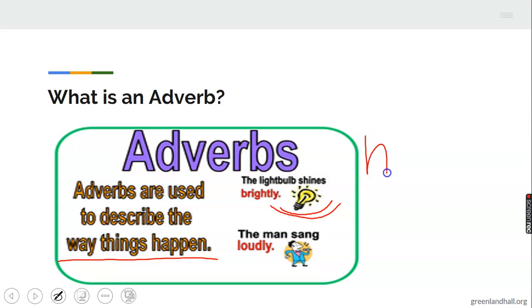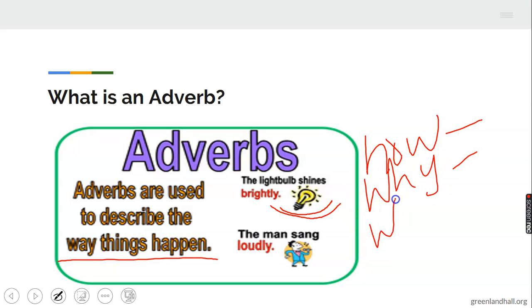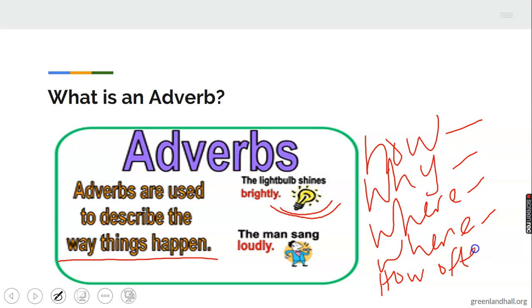So adverbs tell us how something is done, why something is done, where something is done, when something is done, how often something is done. Do you understand? So that is what adverb answers, and so many other questions.